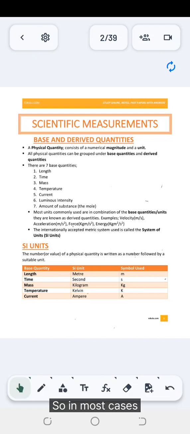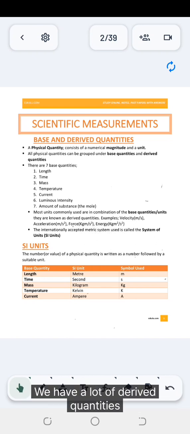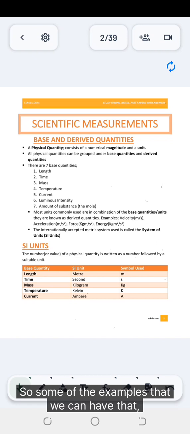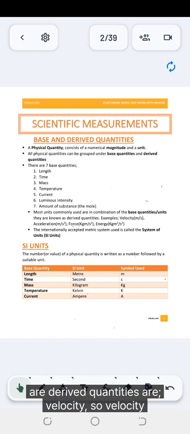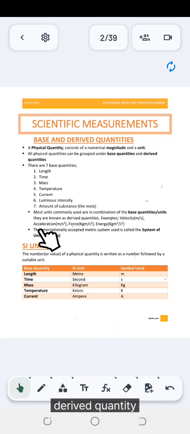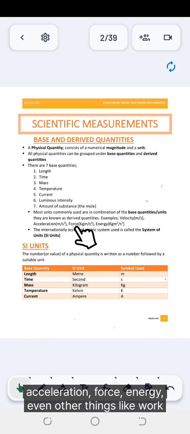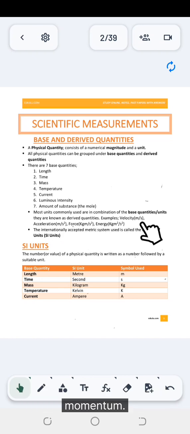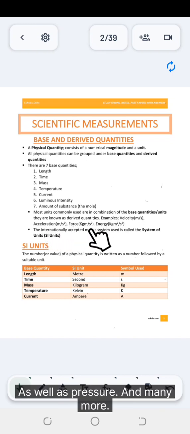In most cases, we have a lot of derived quantities compared to the base quantities. Some examples of derived quantities are velocity, acceleration, force, energy, even other things like work, moment, momentum, as well as pressure and many more.